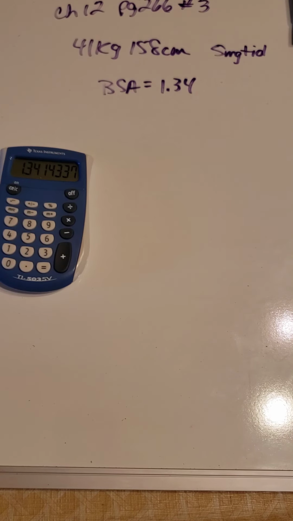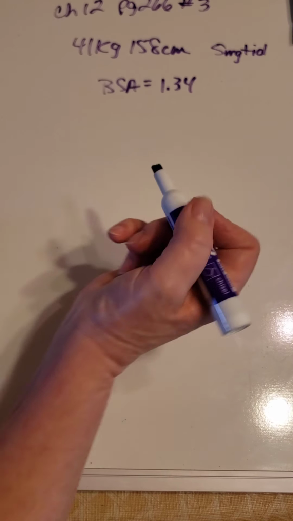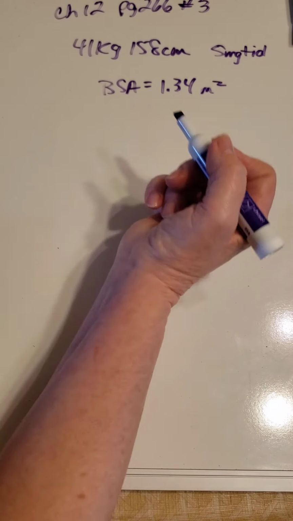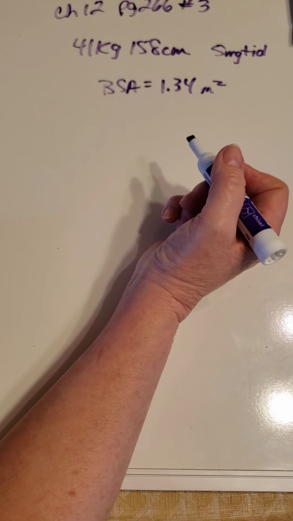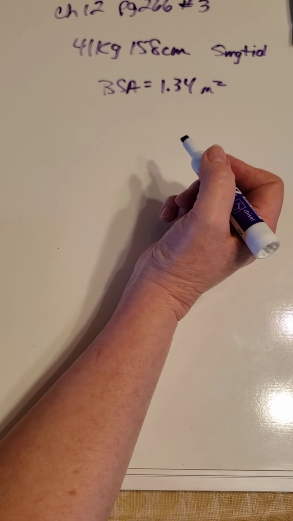Now what we would do is, this should say that they want a certain number of milligrams per meter squared, but number 3 doesn't do that. Page 266, number 3, says that the usual adult dose is 5 milligrams.